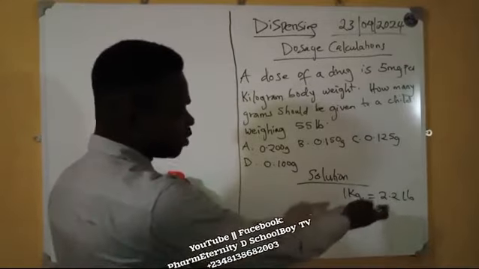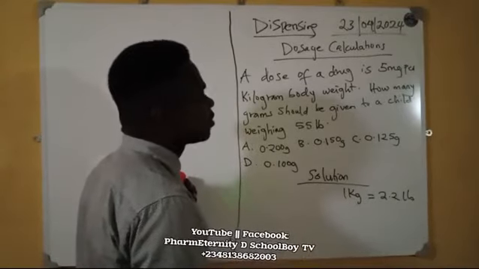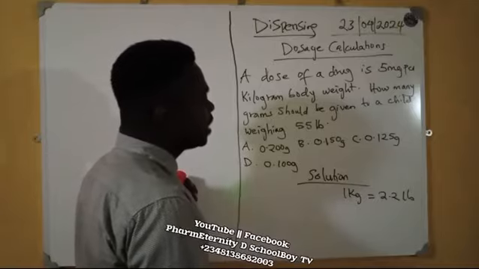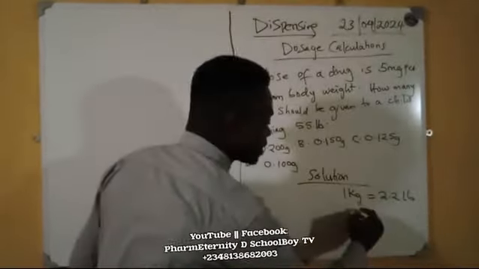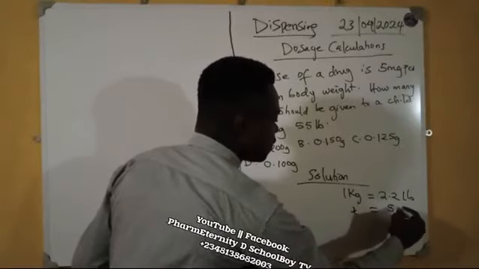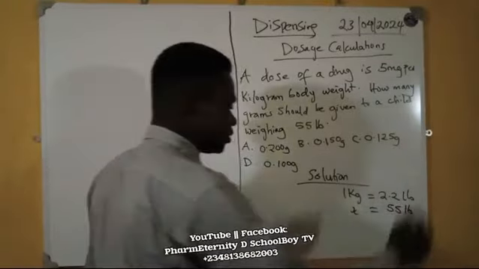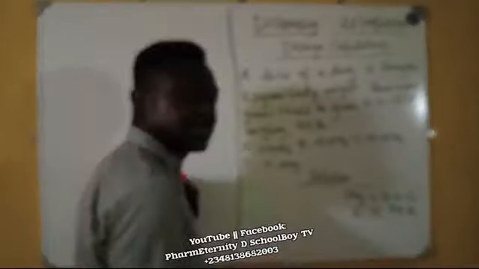If 1 kilogram is 2.2 pounds, how many kilograms will be 55 pounds? We don't know, we call it X. X is equal to 55 pounds.